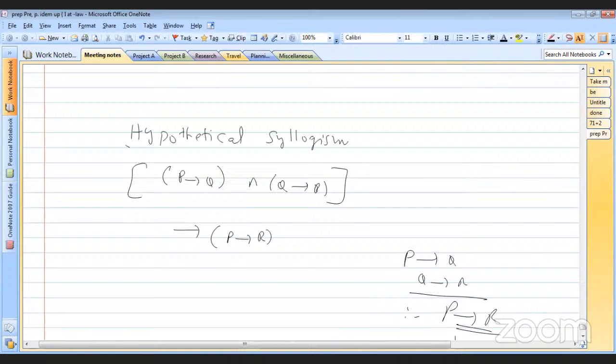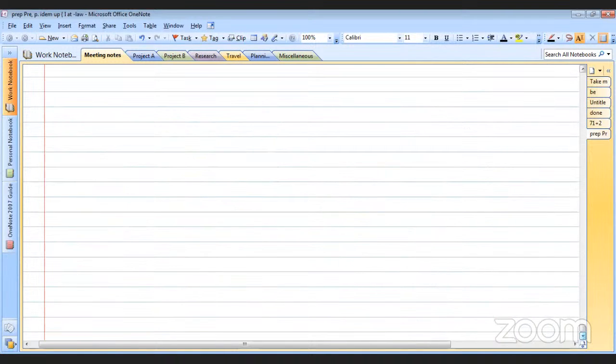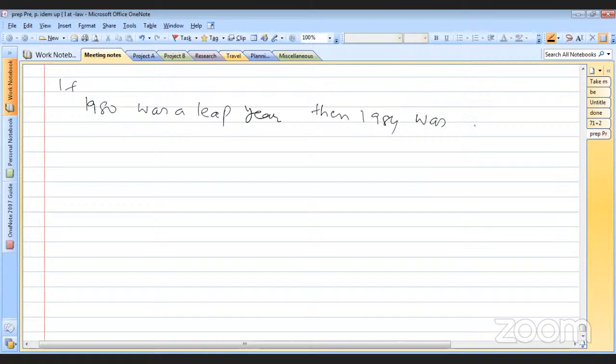Another example we have to see. If 1980 was a leap year, then 1984 was a leap year.